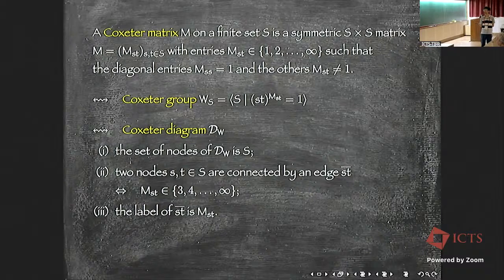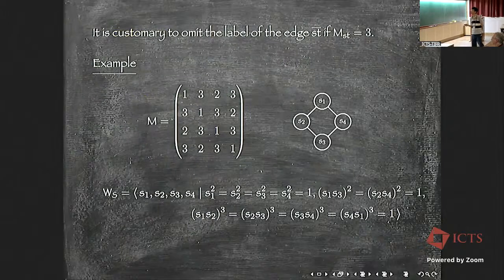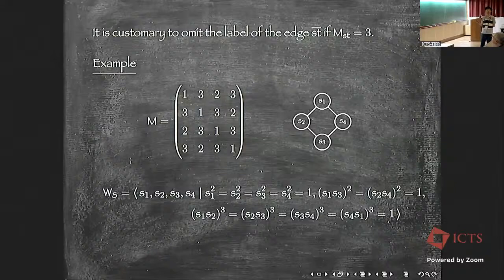And then we put the label on this edge, simply this number m_ST. Also, quite often we omit the label of the edge when m_ST is 3. Whenever you see a 3, I just omit it.